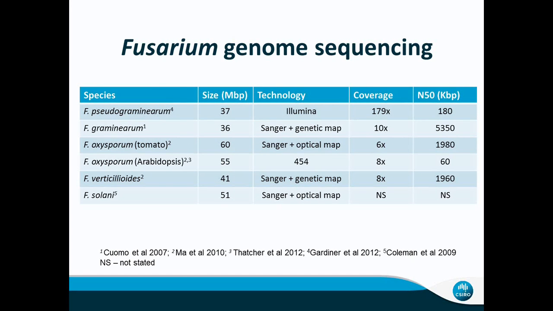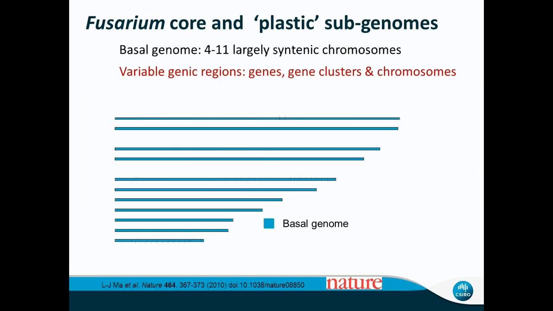One of the important things associated with these larger genomes is that these pathogens share a number of genetic material, especially these chromosomes. We call them the basal Fusarium genome.